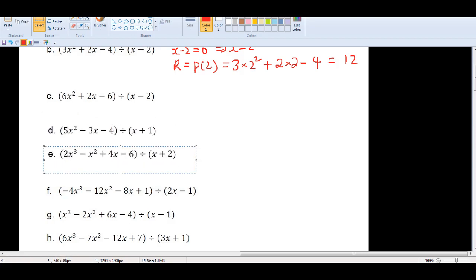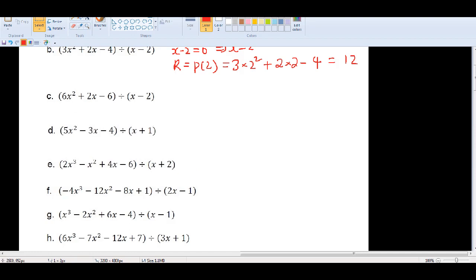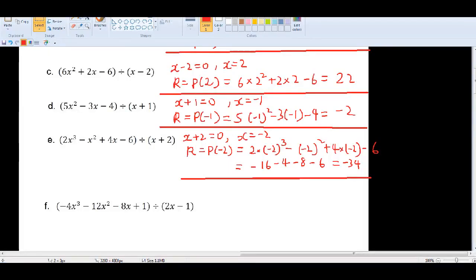Please just pause the video now and try to do C, D, E. Here are the answers for C, D, and part E. You are going to do the same thing by substituting the number which makes the divisor 0. So first find the value for x, and then substitute that number into the polynomial.